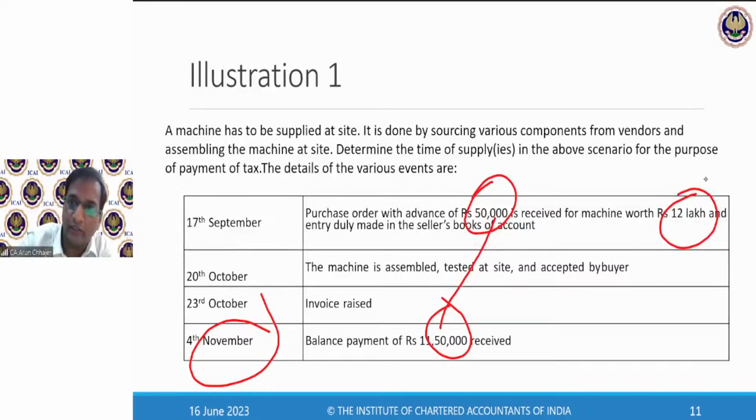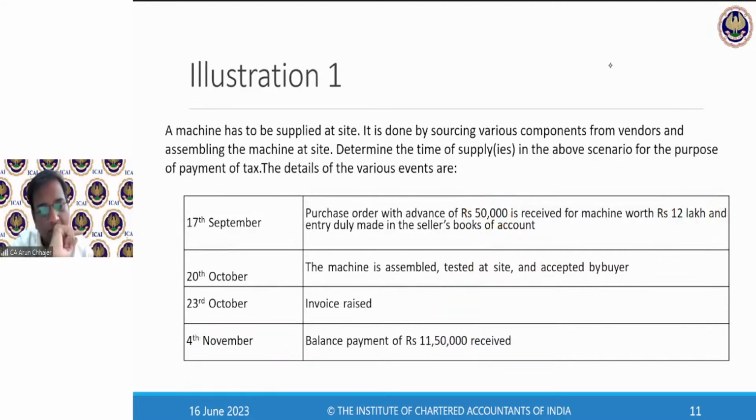So waiting for your reply. The time of supply would be 17 September, 20th of October, 23rd October, or 4th of November. What is the time of supply?